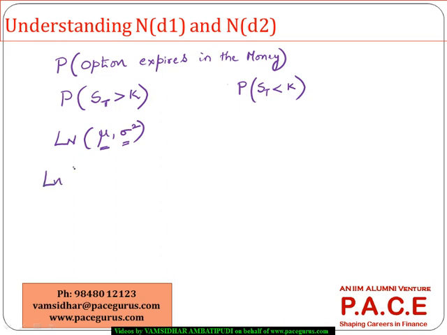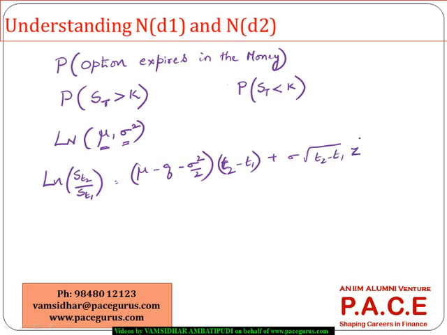We know that logarithm of st2 divided by st1 can be expressed as mu minus q minus sigma squared by 2 into T2 minus T1 plus sigma square root of T2 minus T1 times Z, because any normally distributed random variable can be written in the form of mu plus sigma Z, where mu is the mean and sigma is the standard deviation of that normal random variable.